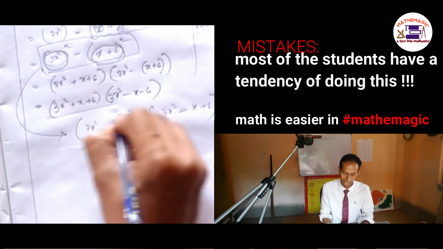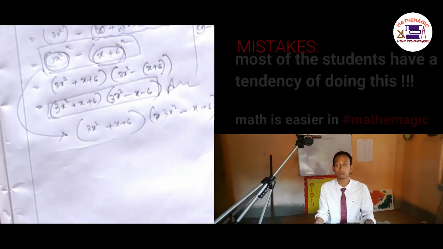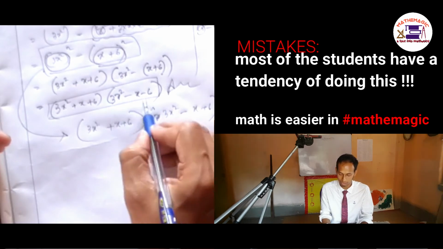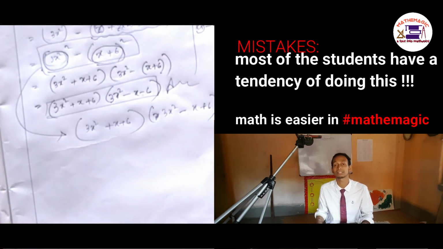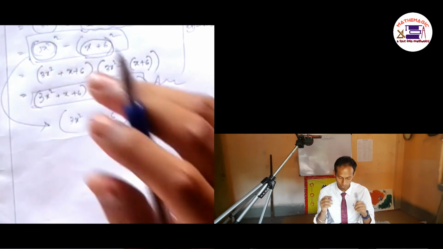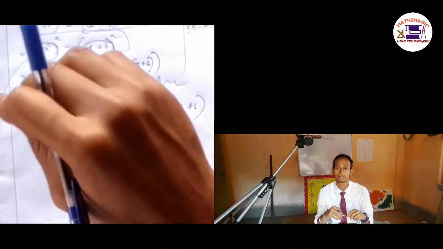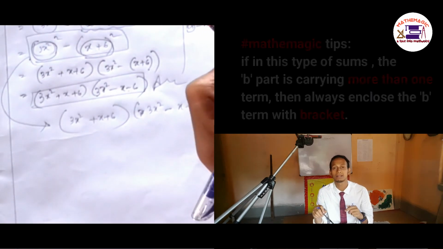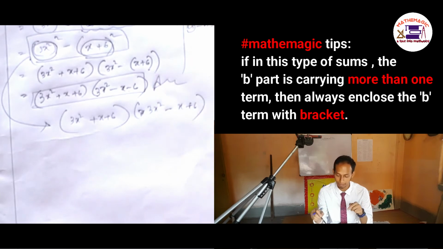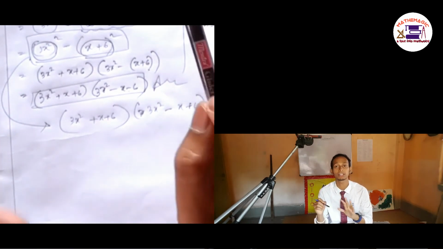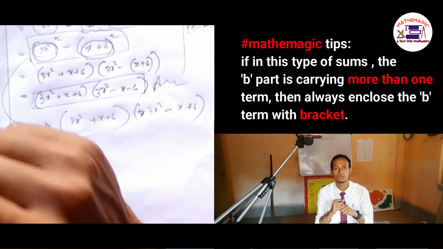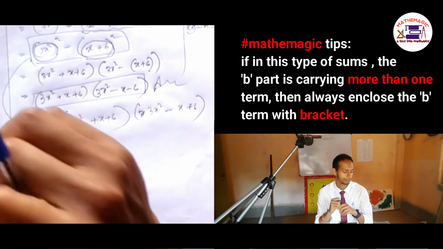But you see, in the actual answer there was minus 6, but you got plus 6 here. So this is actually wrong. So I recommend you always use a bracket if there are two terms in the part B. In the part B, if there are two terms, please use the bracket to get the right answer.